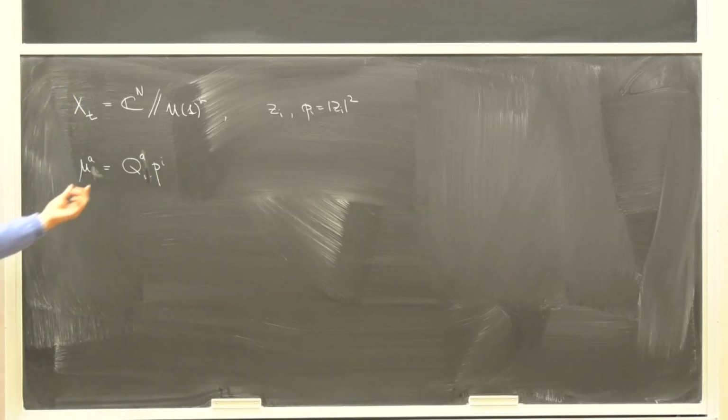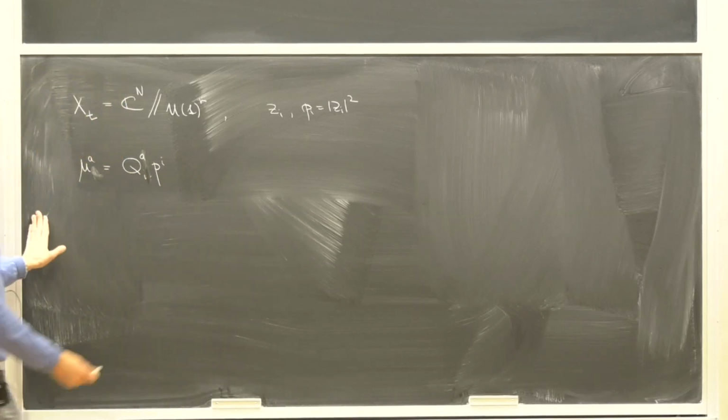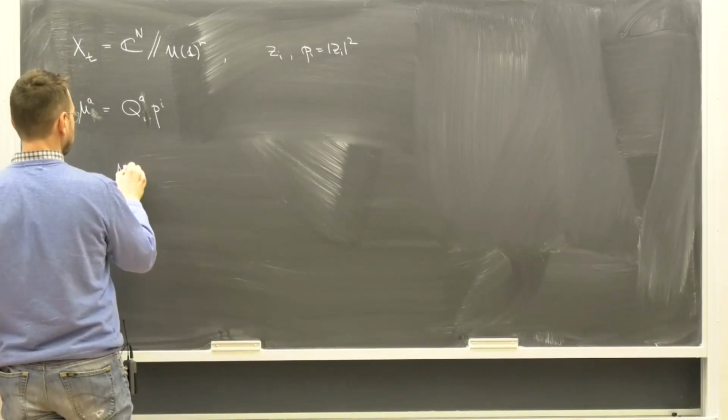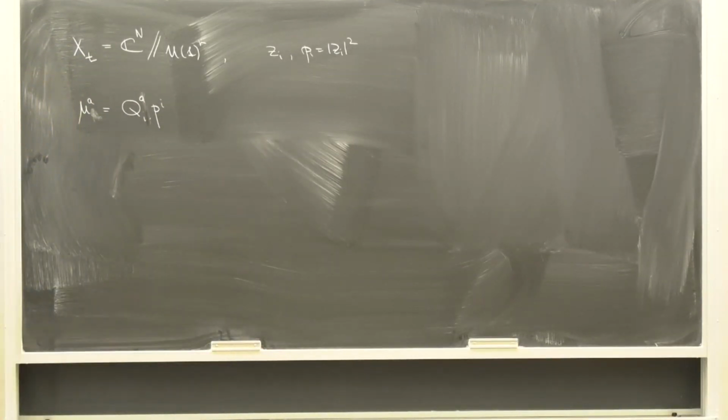This is just numbers; this is what in physics people sometimes call the charge matrix. And then I just have to look at my manifold mu, which in this particular case is just abelian.